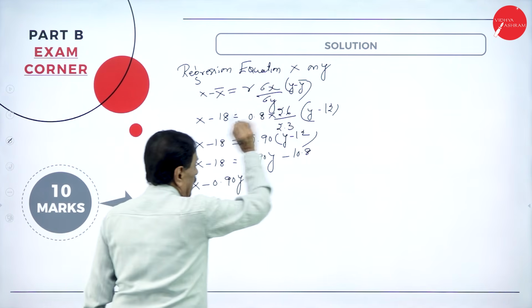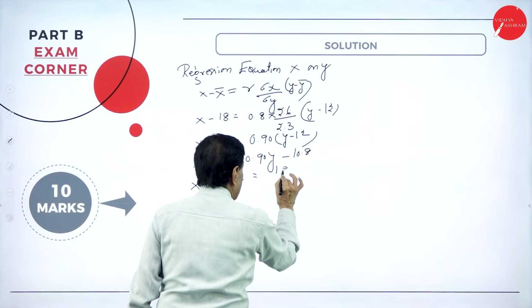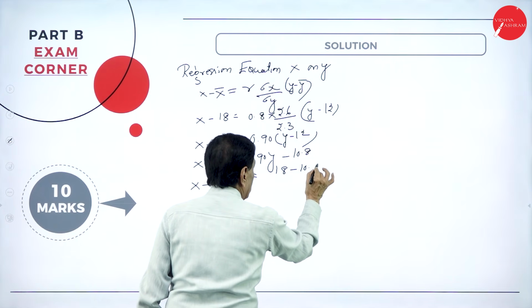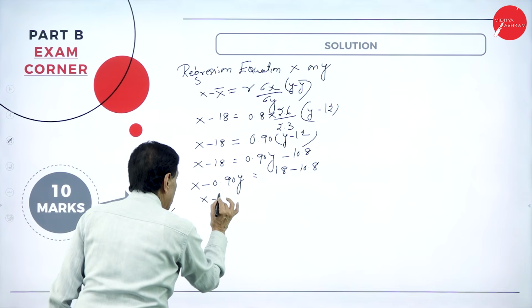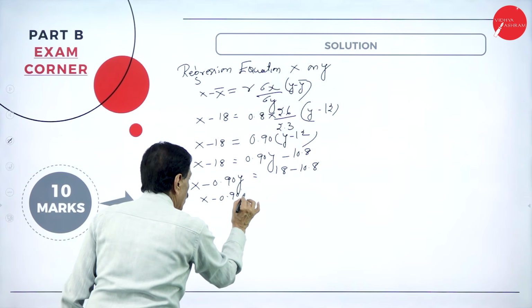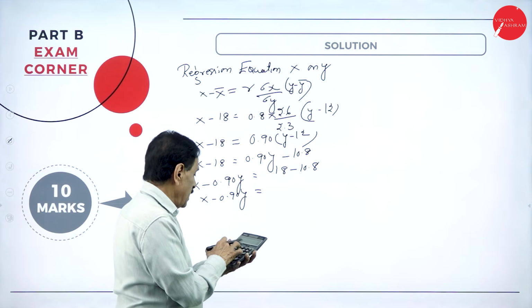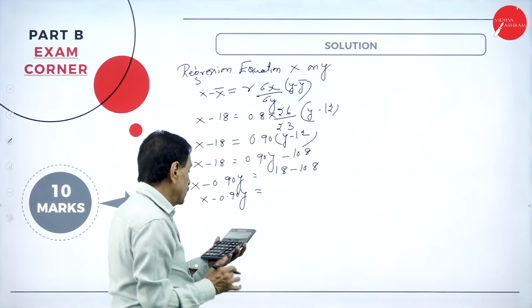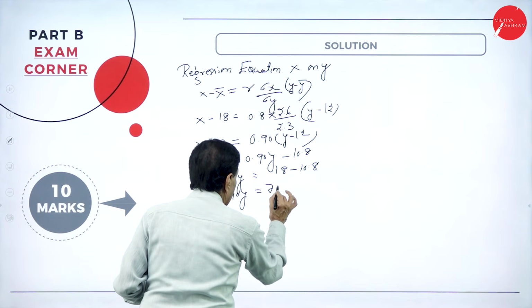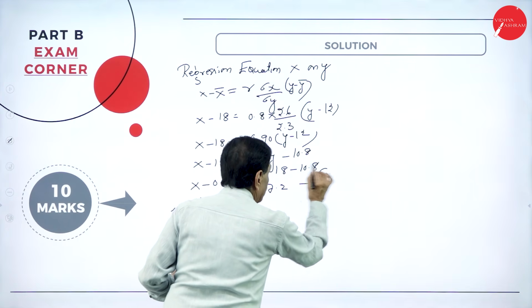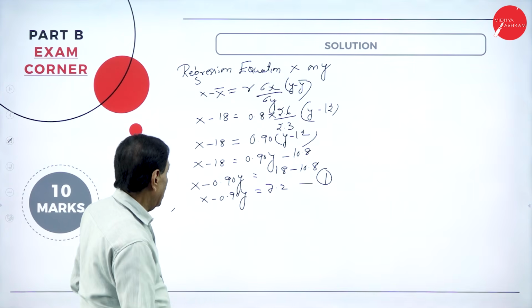You took minus 18 that side, plus 18 minus 10.8. X minus 0.90y is equal to 18 minus 10.8, 7.2. Equation 1.